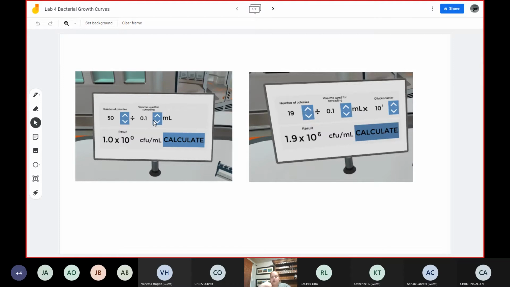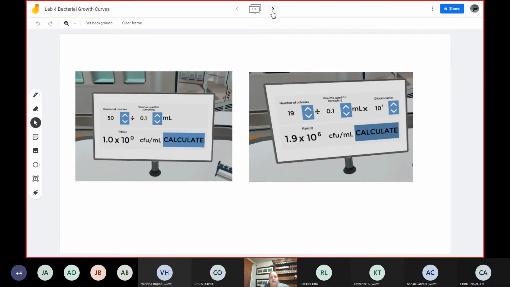When you're literally plating the bacteria, you need to know how much you're adding to that plate and spreading around, and that's going to be this value. When there's a dilution factor or a volume correcting factor, it's an extension of this equation where you have your number of colonies divided by your volume used for spreading, and then you would multiply by a dilution factor. And that's what we're going to talk about second.